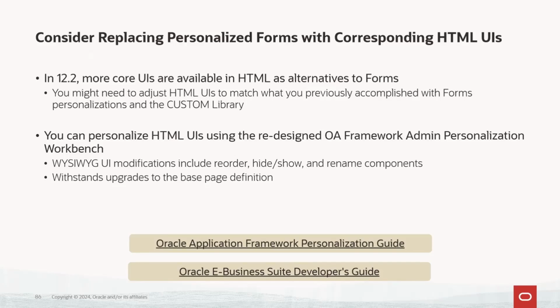You can personalize the HTML UIs using a redesigned OA Framework Admin Personalization Workbench, which is actually pretty cool. It has WYSIWYG UI modifications that will allow you to reorder or hide and show or rename the various UI components. It will also, by the way, withstand future upgrades to the base page definition.